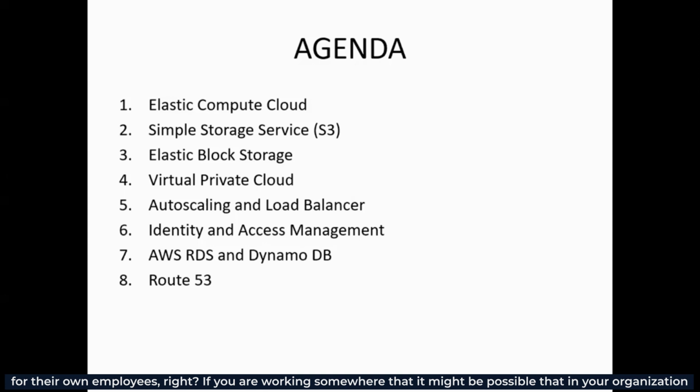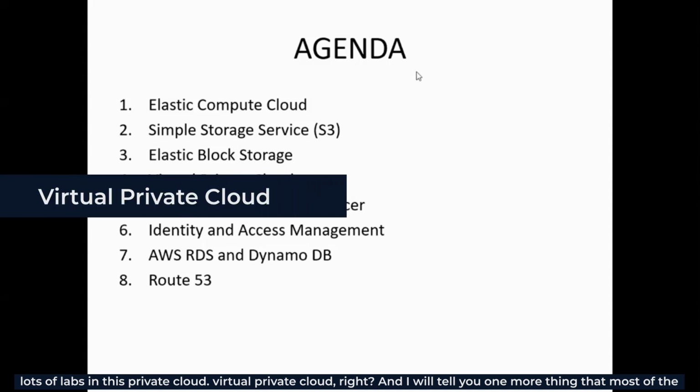If you are working somewhere, it might be possible that your organization also has its own cloud where they put their data, their employees' information and all the other databases, right? That private cloud you can create on this public cloud, because VPC is just like your private cloud. So this is a very important, big topic in the solution architect exam, and we have to cover lots of labs in this Virtual Private Cloud, right?